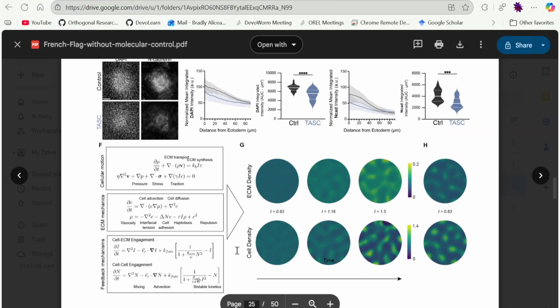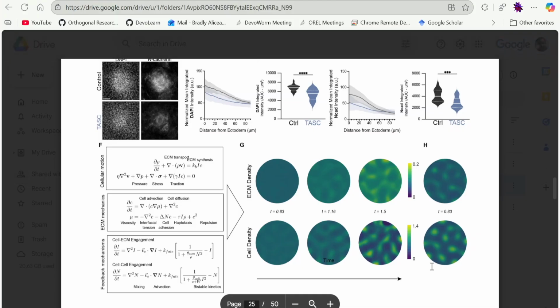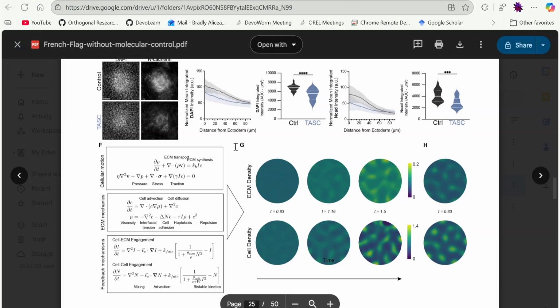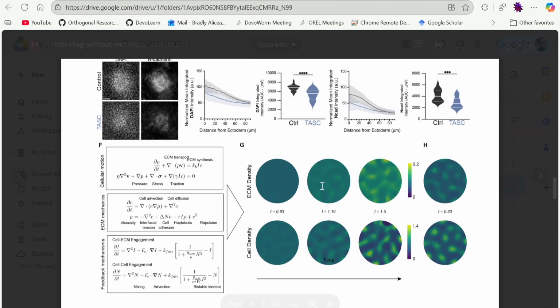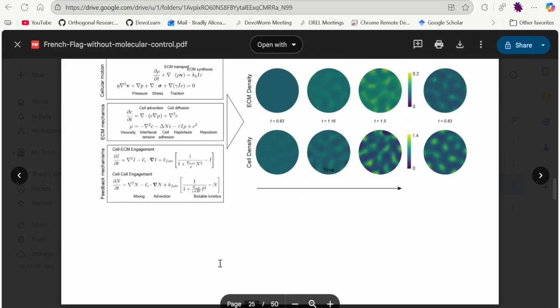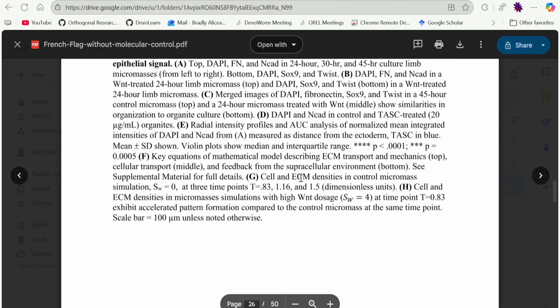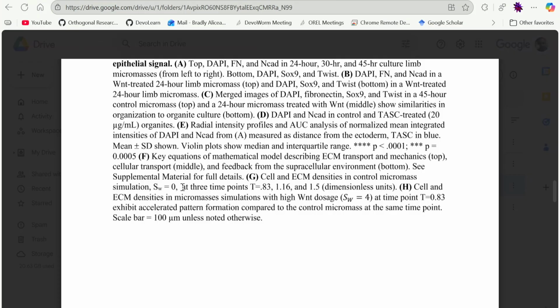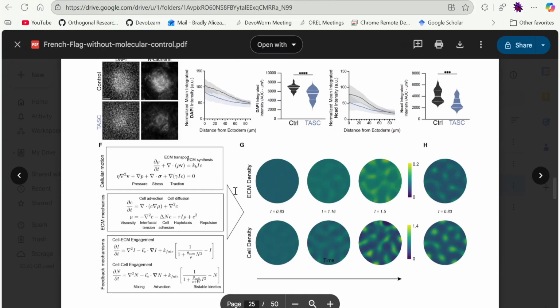So you see that extracellular matrix density and cell density give you differences in this. As you increase this T parameter, this increases its activity. I'm not really sure what this is exactly showing, but it's in relation to this model. So: cell and ECM densities in control micromass simulation at 3 time points, 0.83, 1.16, and 1.5. And so that's what they're doing here.